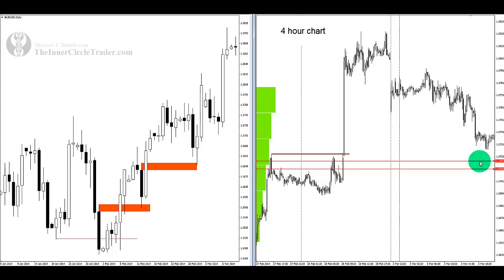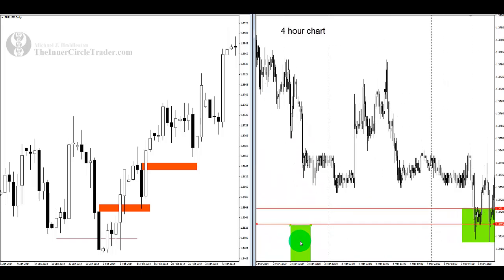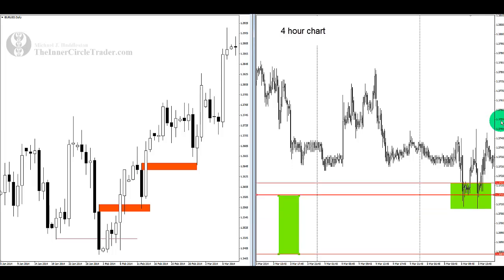If you risked a 30 pip stop below it, a 30 pip range, so buying at 137.15 and your stop.